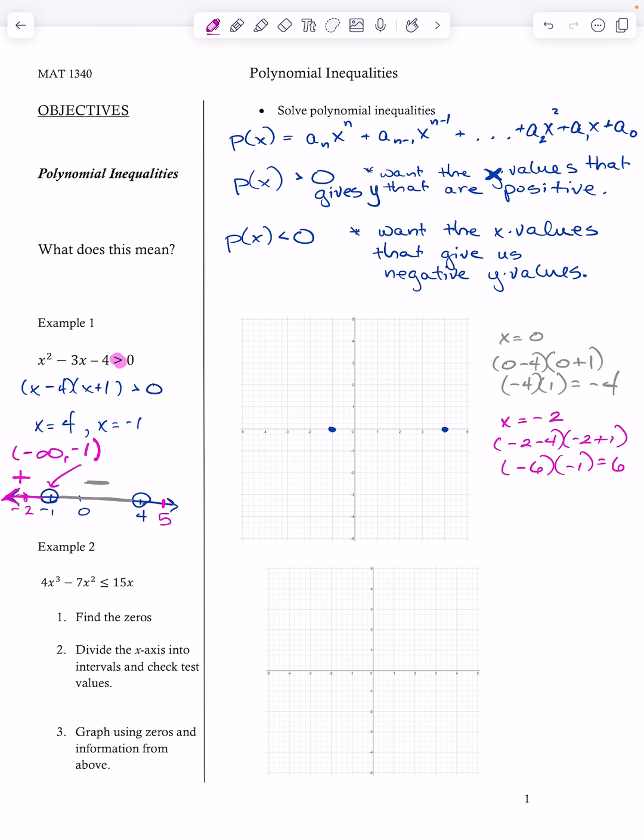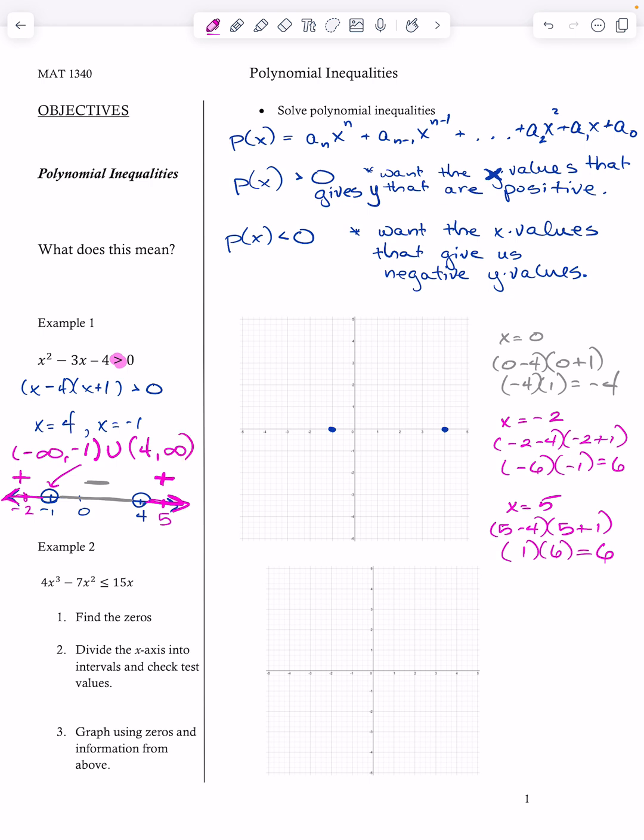So let's pick another number over here, 5. We have 5 minus 4 times 5 plus 1, I get 1 times 6, which is positive 6. So everything over here is also going to be positive. And that goes from 4 to infinity.